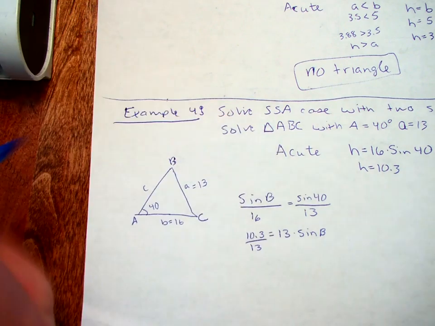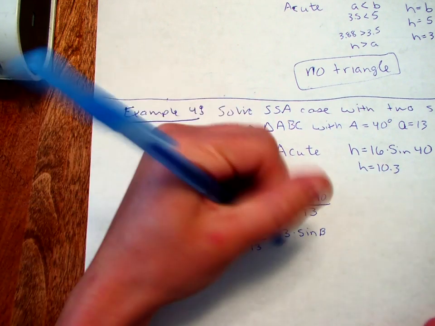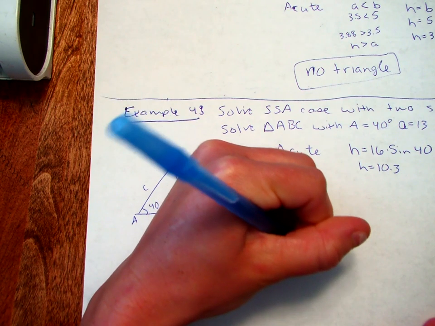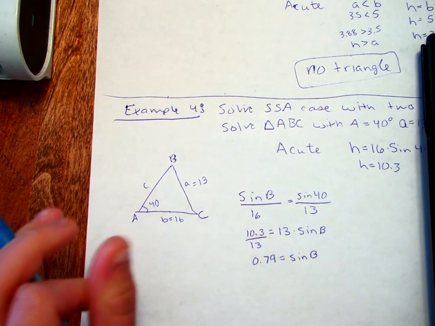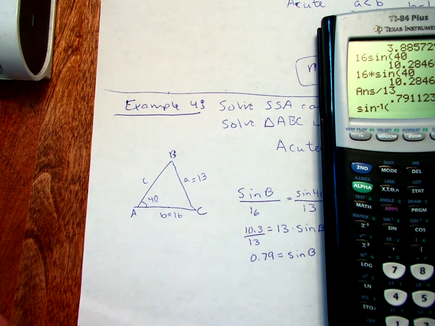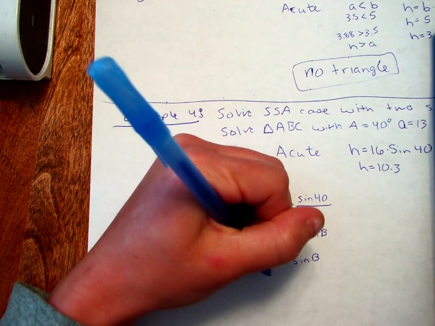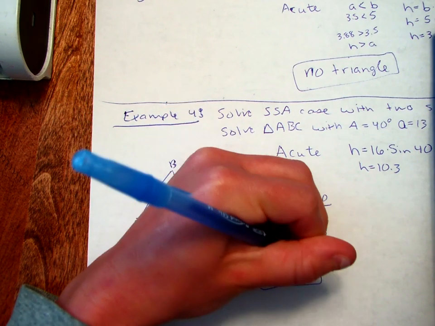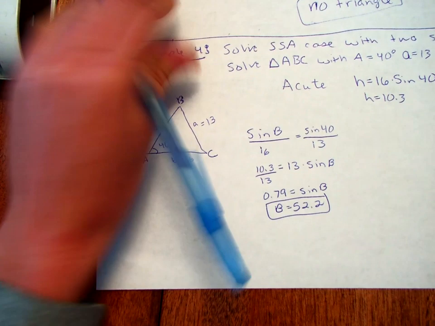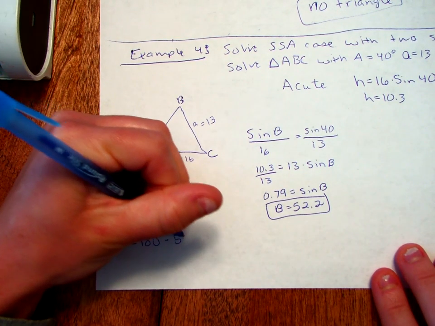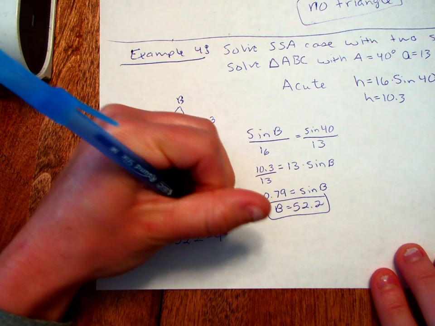Divide by 13, and we get 0.79 equals sine of B. And then remember, you take inverse sine of 0.79 and you get 52.2. So B is 52.2. Then if B is 52.2, remember C is 180 minus 52.2 minus 40.